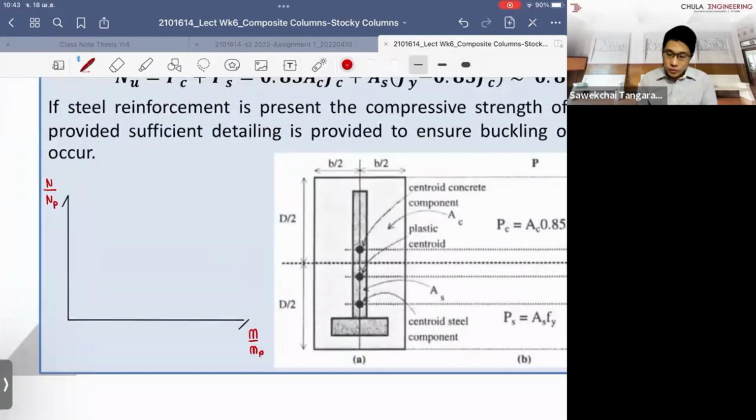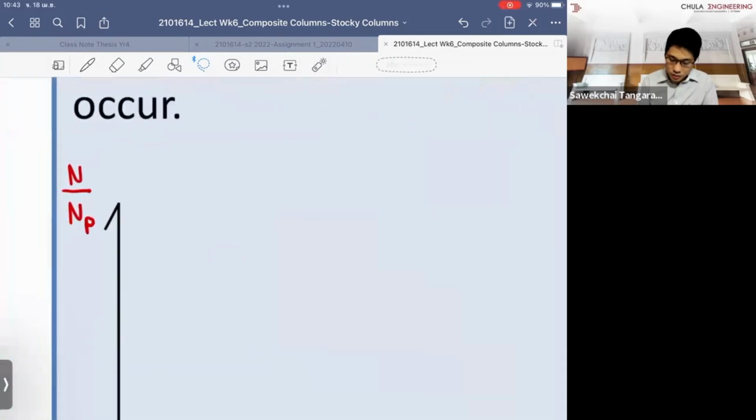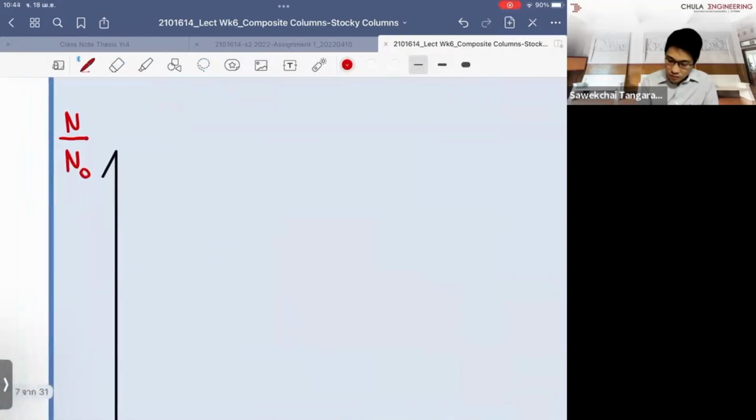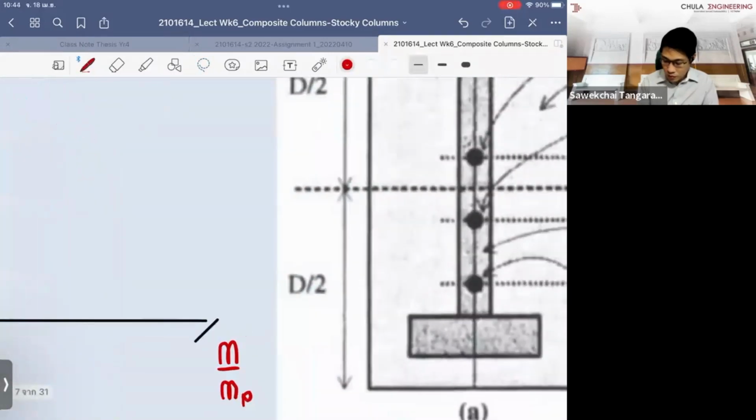We had the ratios between the capacity that you're looking at and compare with the squash load. So we normally use a node, and if you want to call them the nominal capacity, we provide them as Nu and Nu.